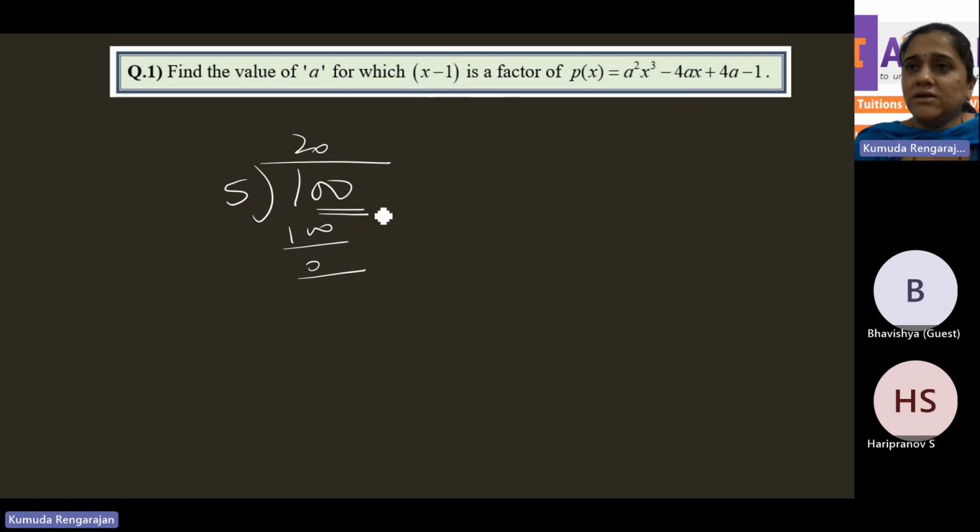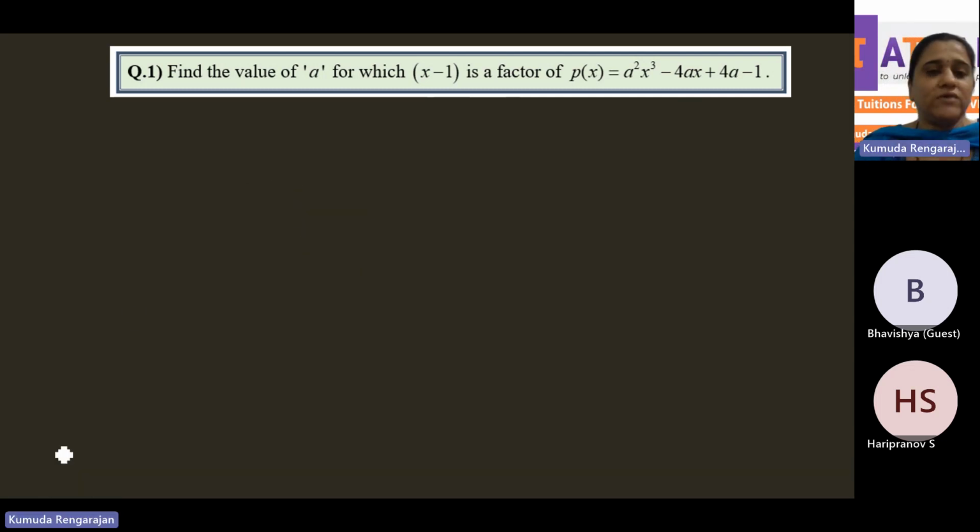When the remainder is 0, you can say two things: the dividend 100 is a multiple of the divisor 5, or the divisor 5 is a factor of the dividend 100.